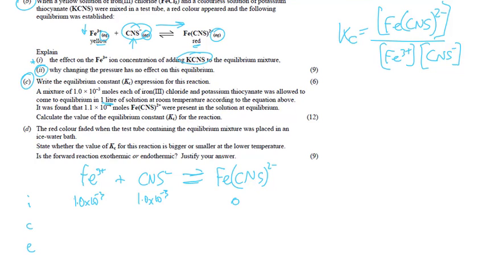And then according to the equation, it was found that, okay, so this is the number of moles of iron thiocyanate at equilibrium. So there's an increase, plus 1.1 by 10 to the minus 4. Okay, so these will be reduced by that amount, minus 1.1 by 10 to the minus 4, minus 1.1 by 10 to the minus 4.